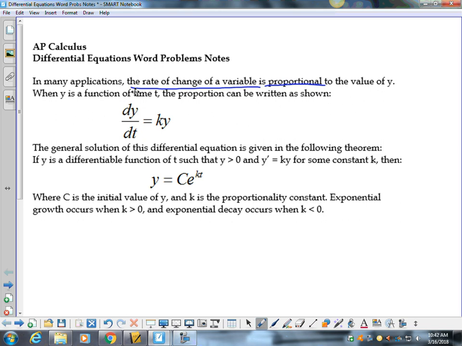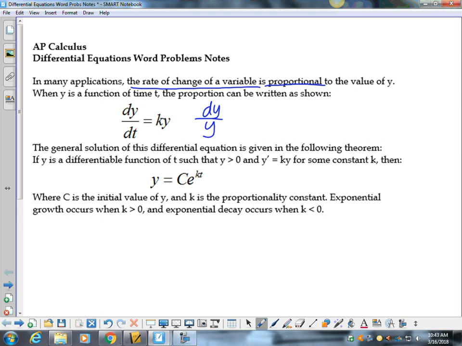I'm solving for y. We just did 6 examples. Divide by y to get them over with a dy? Perfect. And do what with the dt?